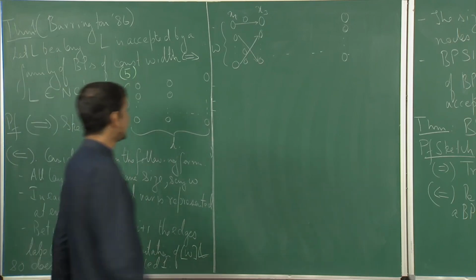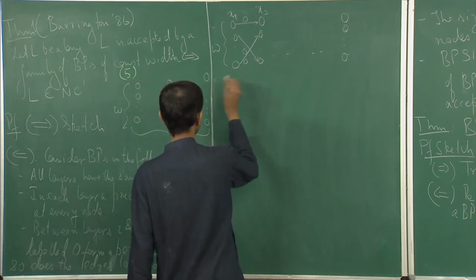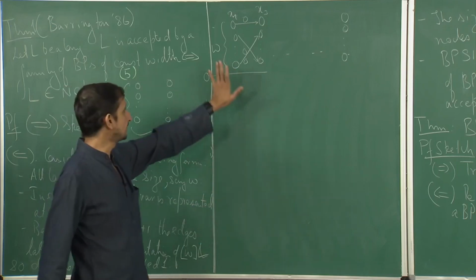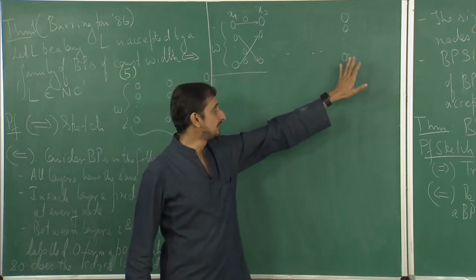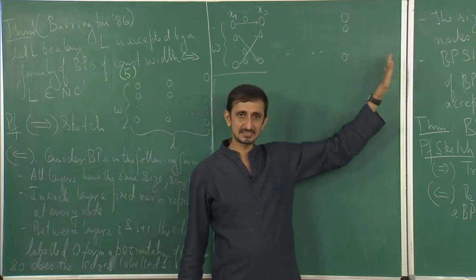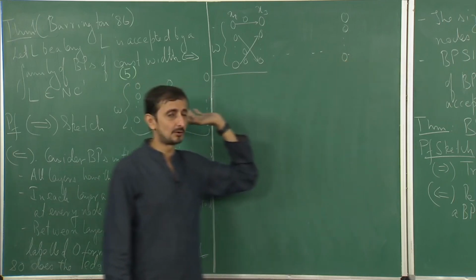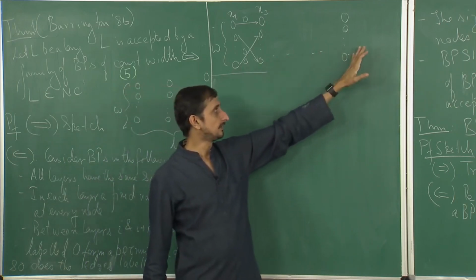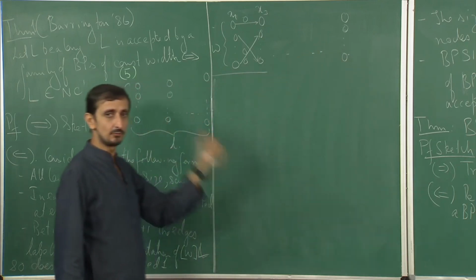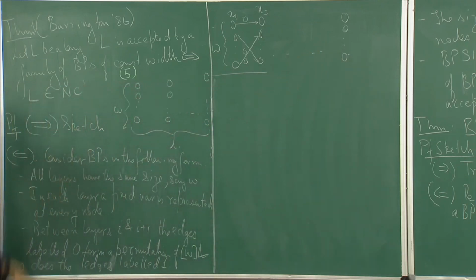So this is a permutation branching program. Now I have a start node in the first layer, and in the last layer some nodes are labeled 1 and some labeled 0. If I have a path from the start node to a node labeled 1 in the last layer on some input, I would accept it, otherwise not.